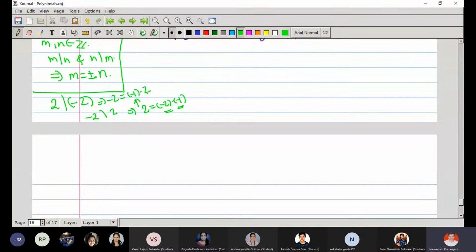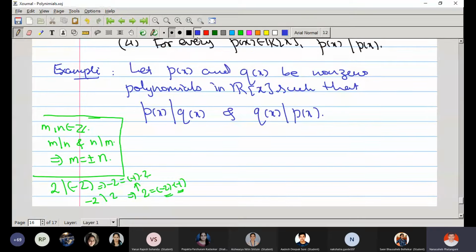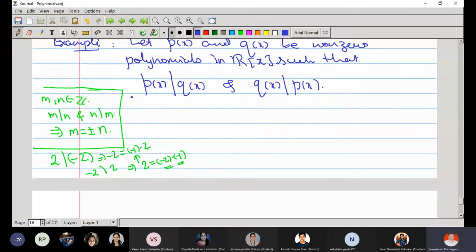That is the only possibility in case of integers. So in case of polynomials, what should be the conclusion? If two polynomials p(x) and q(x) divide each other, then what happens?